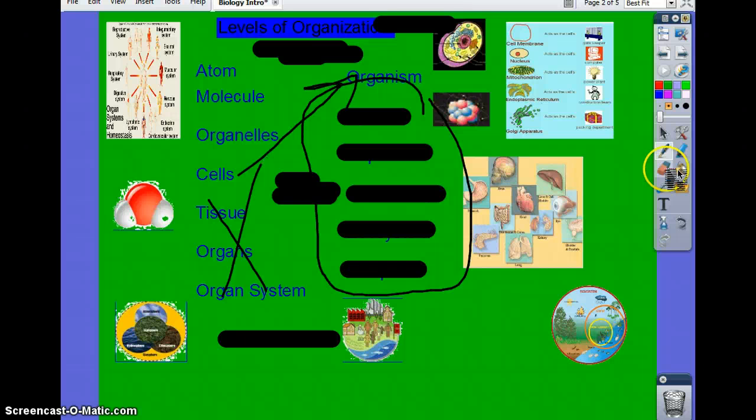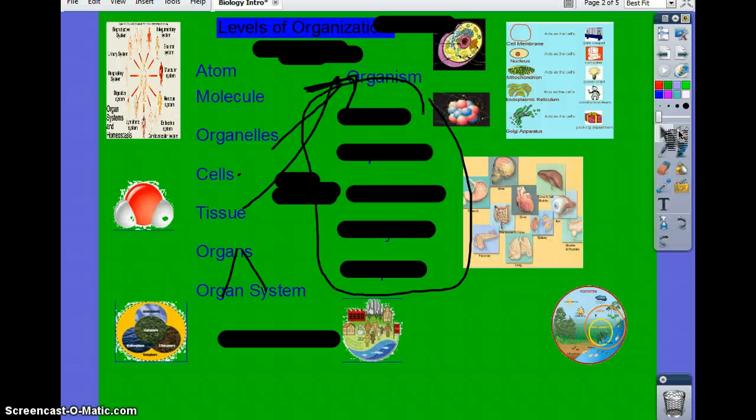Then you have organisms that have tissues and nothing else, no systems or organs. So we're going to start with the simplest of organisms and work to us, the most complex. But you can have life and be single-celled. What you can't be is alive without a cell. So that's the smallest unit of life.